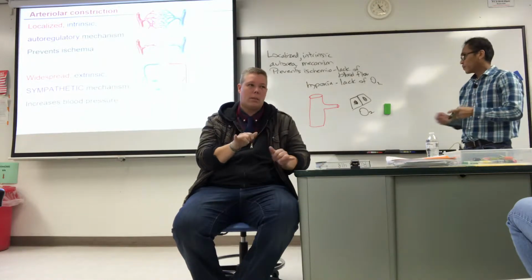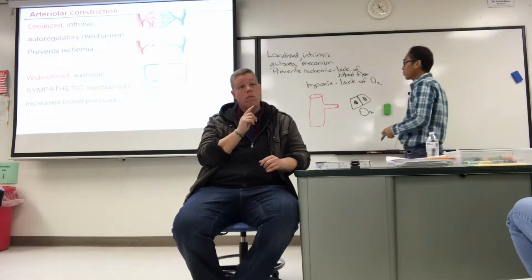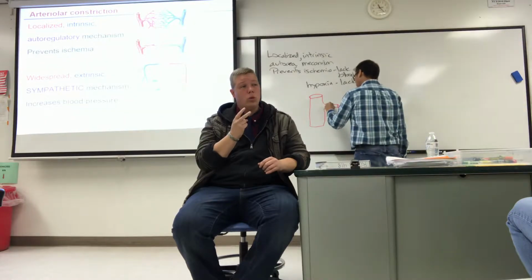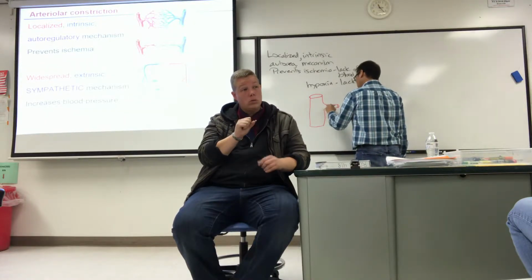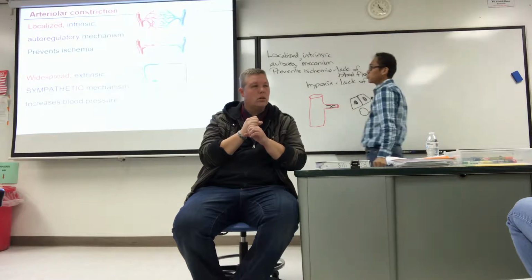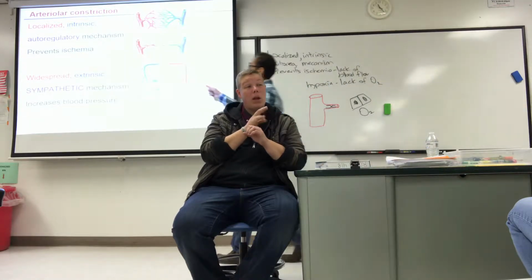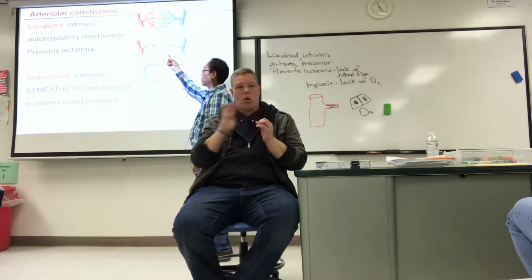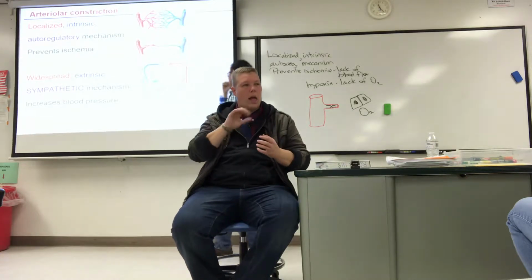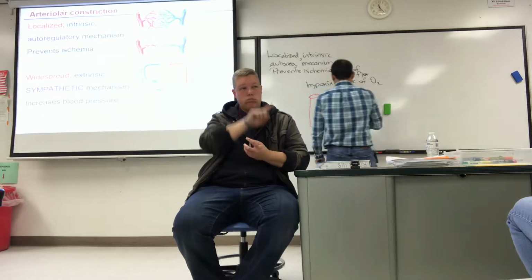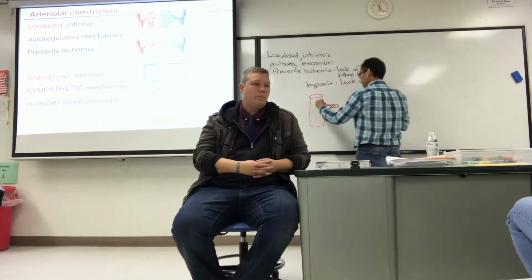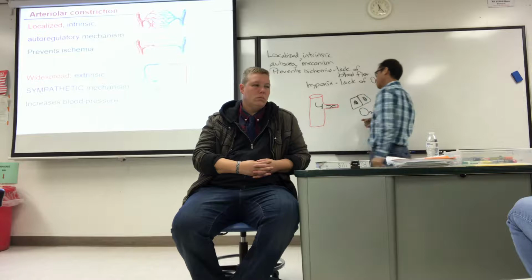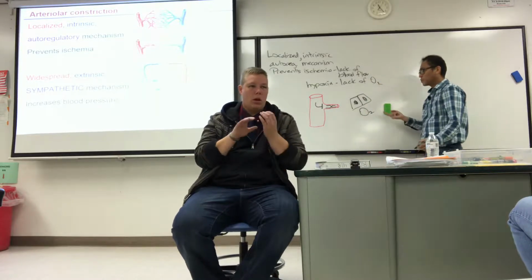So frequently, if you have plenty of O2, what you'll do is you'll constrict the arteriole so that those precapillary sphincters are on, and you bypass the capillary bed. Okay. So basically, just stop blood flow. Don't need it. Divert it somewhere else.